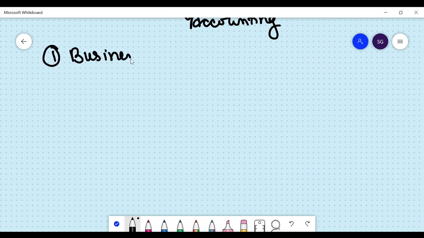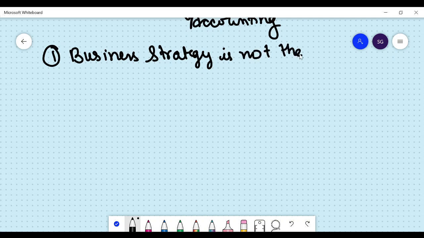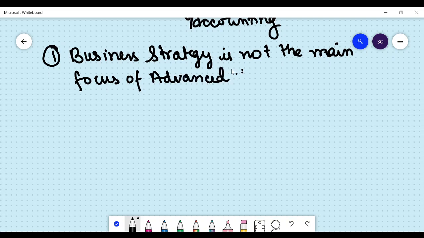The first point is business strategy is not the main focus of advanced performance management.